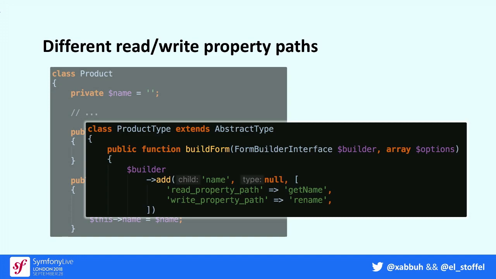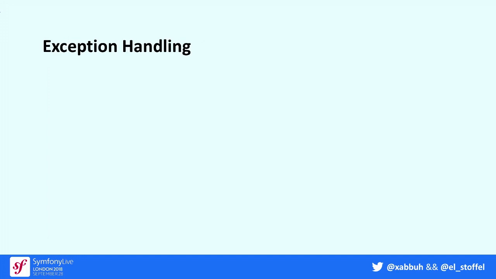And the other option is write property path, which will then be called when you map the form to your data. So we are now able to say, okay, when you need to populate the form, please make use of the getName method, and when you try to write the data back into our product, please use the rename method. So two new additional form options to use.